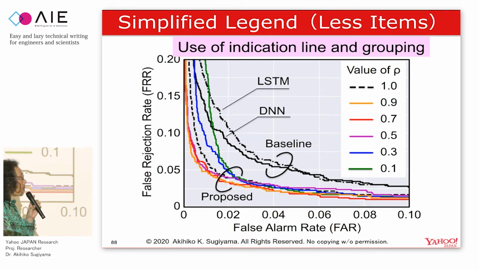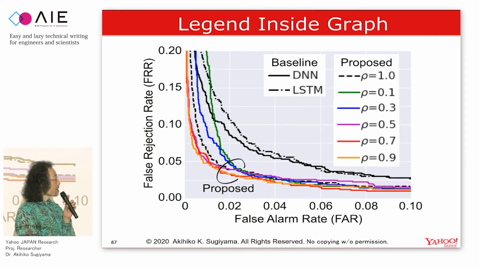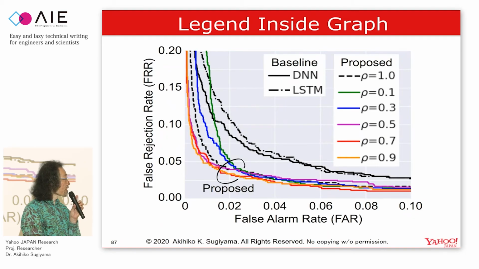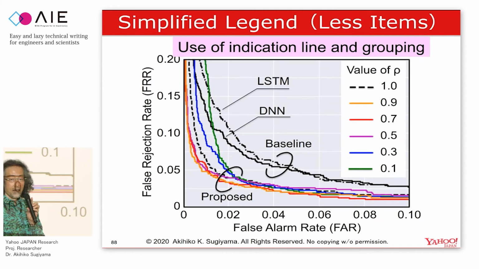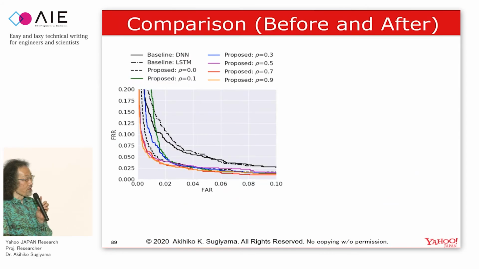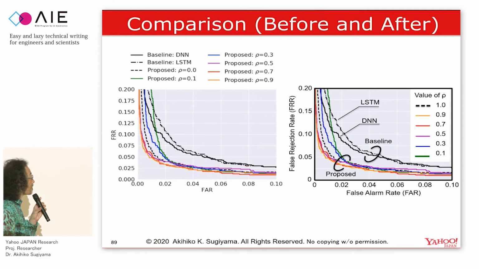And also, this is a value of a parameter. You don't have to repeat rho here. That's a parameter here. You can share this information like this, value of rho, so that you don't have to repeat it. Okay, it's much simpler. If you compare the original with this improved form, it's clear which one is more visible, which one is easier to read and impressive.